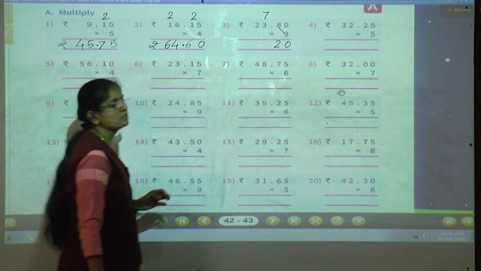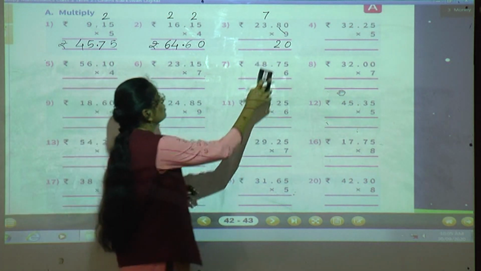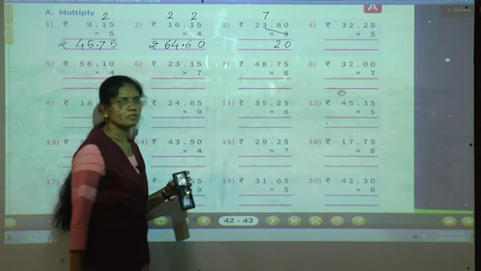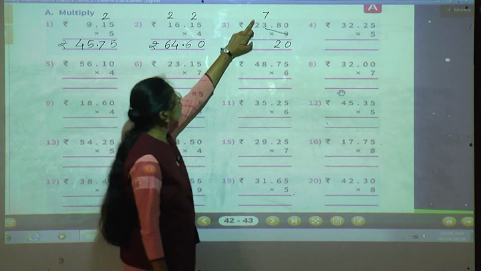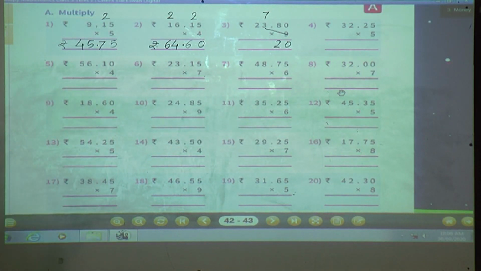Then next 9 into 3. 9 3s are 27. Now in 27 we have to add this 7. So 27 plus 7. Do the addition. 27 plus 7, 34.